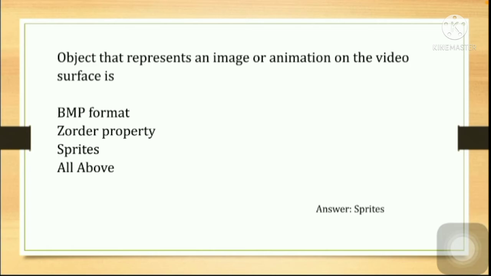Z order property is a property of the sprites, which determines the depth at which the sprites will be drawn. So rather than choosing the Z order property, choose sprite, because sprite directly is the object which represents an image or animation on the video surface. So here our answer will be sprite.